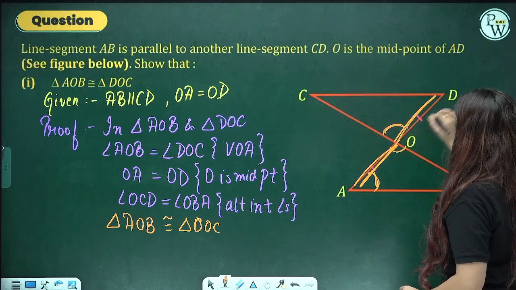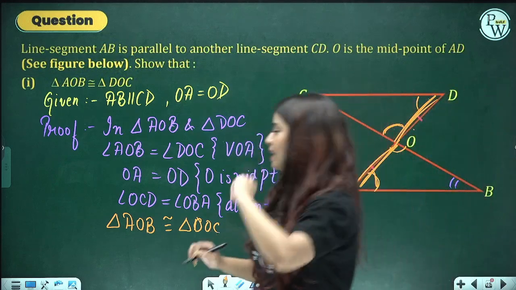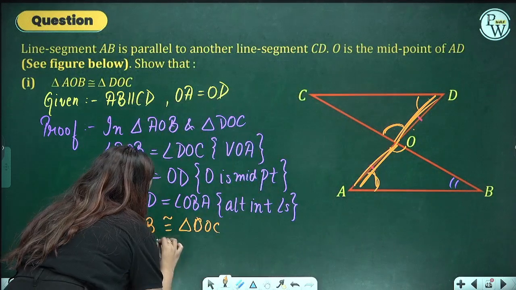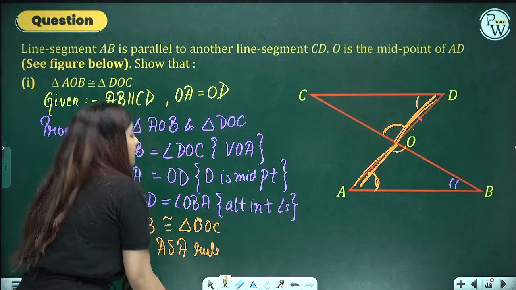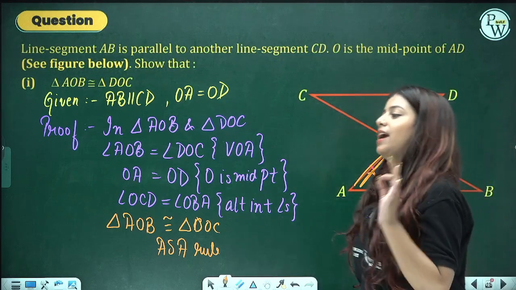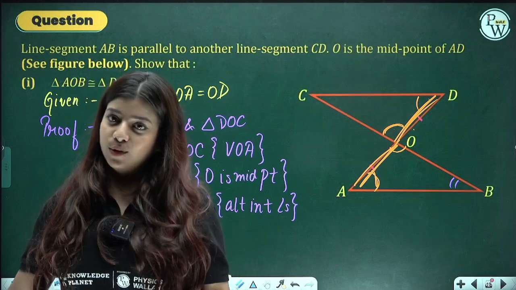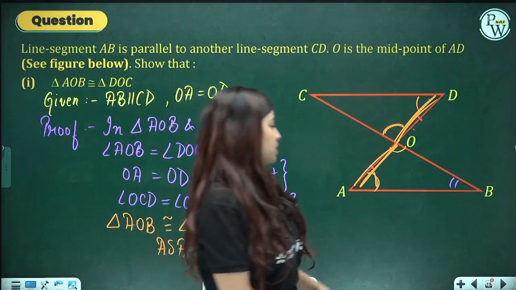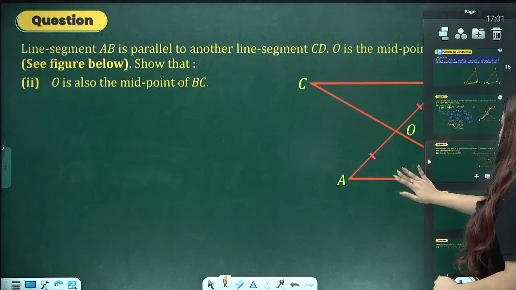So angle side angle criteria. By the angle side angle criteria, these two triangles will be congruent by ASA criteria. I hope this is clear to everyone. Let's move forward to the next part.